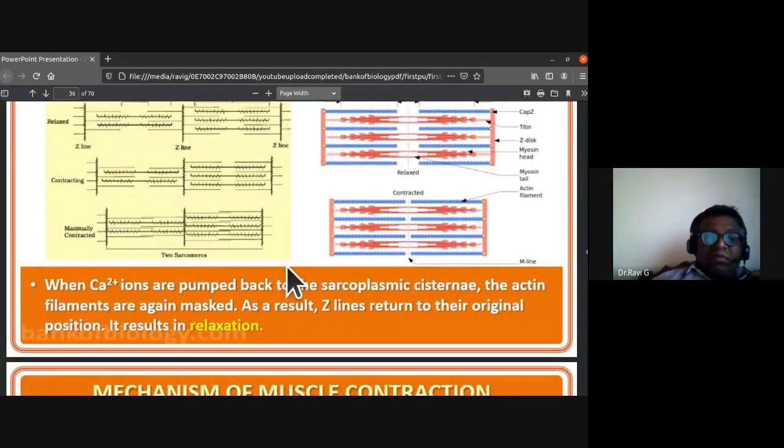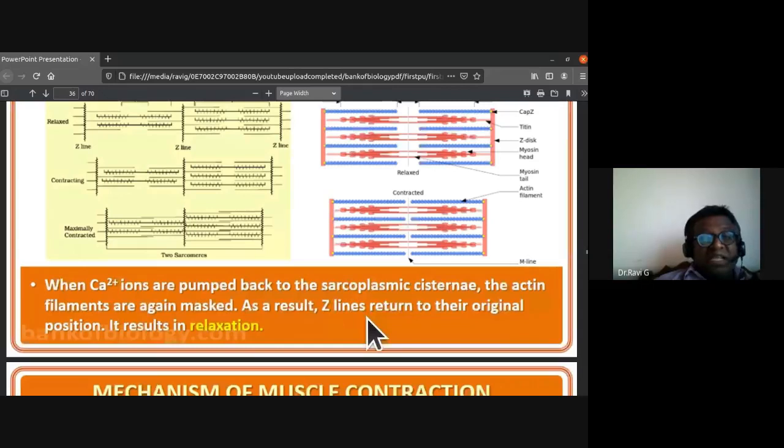When calcium ions are pumped back to the sarcoplasmic cisternae, the actin filaments are again masked. Calcium ions initiated everything at the beginning, isn't it? The unmasking of the actin filaments is done by calcium ions, which bind to one of the subunits of troponin.